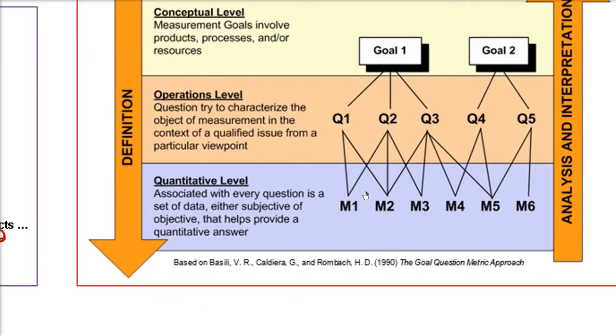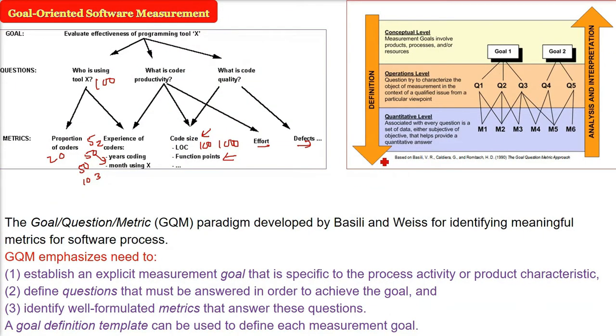And what is the answer? These are metrics, at the quantitative level. These are associated with every question. This is a set of data, either subjective or objective, that helps us to give a quantitative number. So this is GQM, or Goal Question Metric.